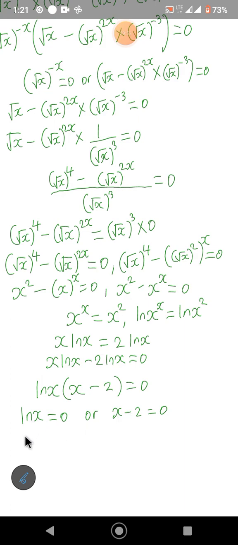So from here now I can say x is equal to e raised to the power of 0, or x is equal to, take this minus 2 this way, it turns to just ordinary 2. Then e raised to the power 0 is 1. So we can say x is equal to 1, or x is equal to 2.